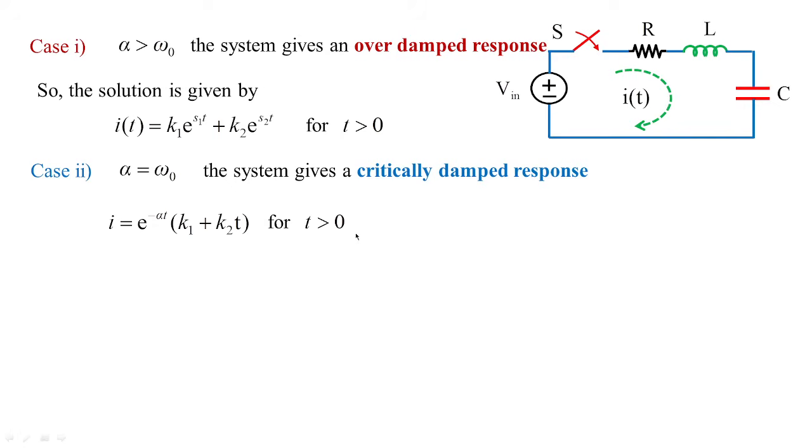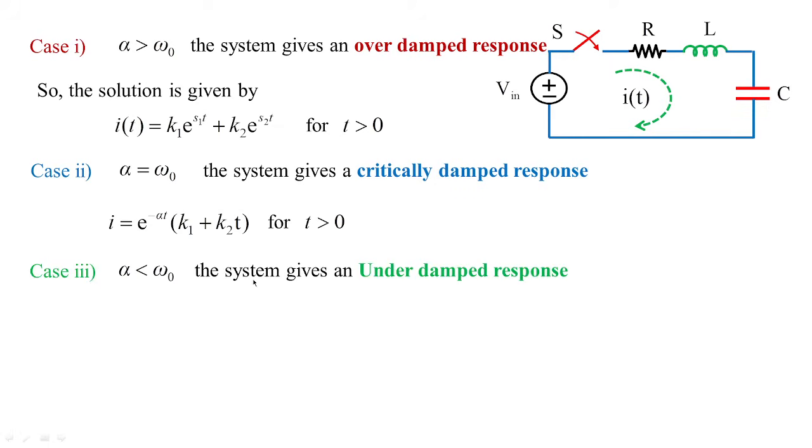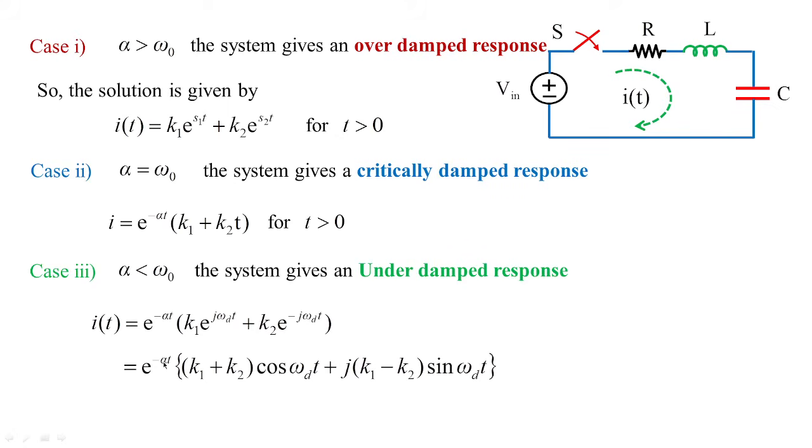And case 3, when alpha value is less than omega naught, the system gives underdamped response, and the general solution of transient current is given by I of t is equal to e to the power of minus alpha t times K1 e to the power of j omega d t plus K2 e to the power of minus j omega d t. This can be elaborated as e to the power of minus alpha t of K1 plus K2 cos omega d t plus j K1 minus K2 sin omega d t for t greater than 0.